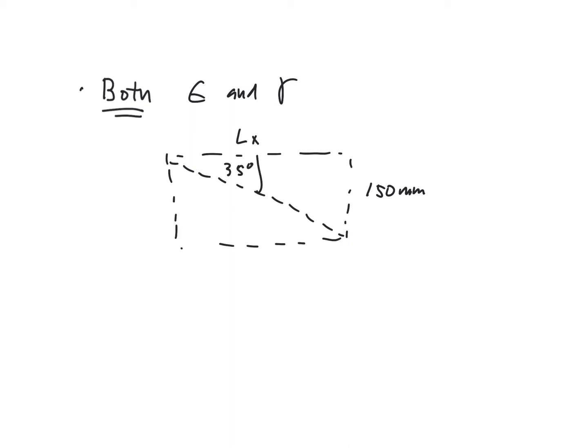Along with this data, we're given that epsilon xx, and remember there's really only one subscript that we care about, and that is the normal strain that was originally aligned in the x direction. But officially there are two, but we can think about it as only having one for this class. And that is equal to minus 2,000 microstrain.